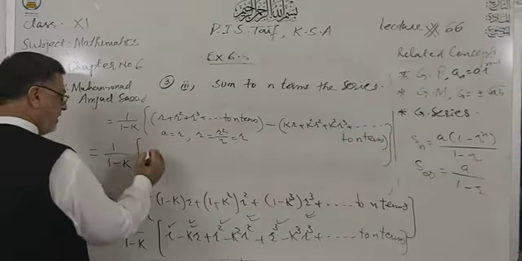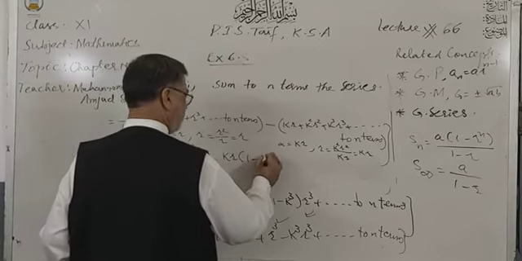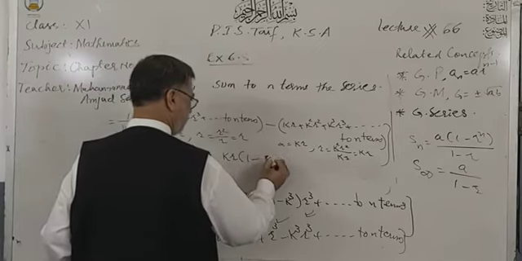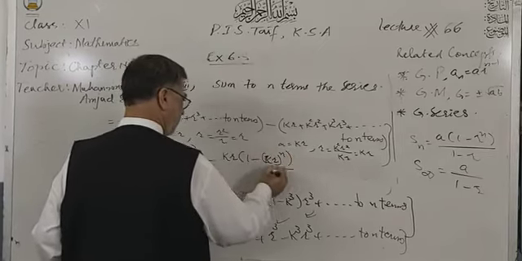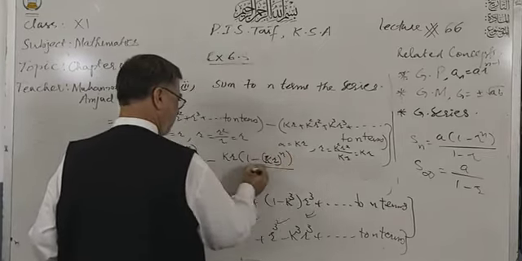Minus, after that, for this geometric series, the first term a is kr and the common ratio, second over first, is equal to kr. So we can have a into 1 minus (kr) to the power n, whole divided by 1 minus kr.